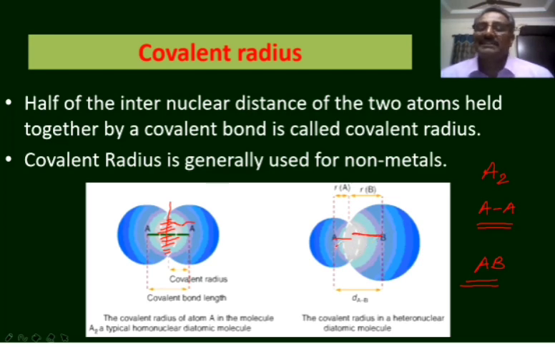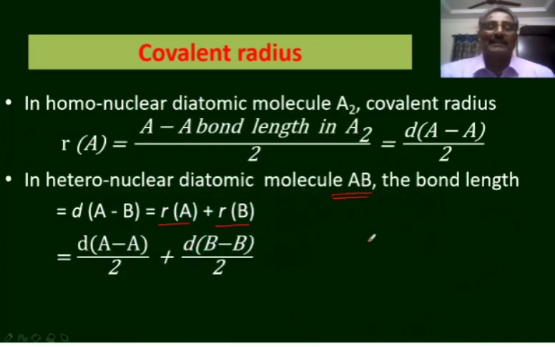So, if the distance between A and B is measured and if one of the radii is known, we can calculate the radius of the other element. So, dAB is equal to the covalent radius of A plus the covalent radius of B, that is dAA by 2 plus dBB by 2.